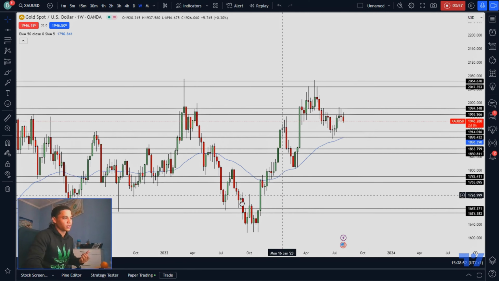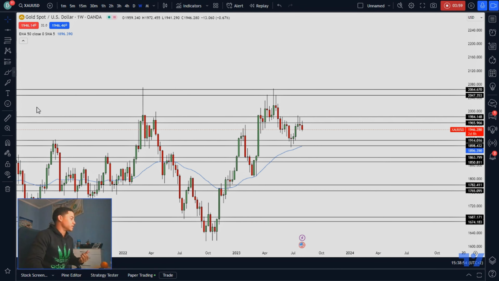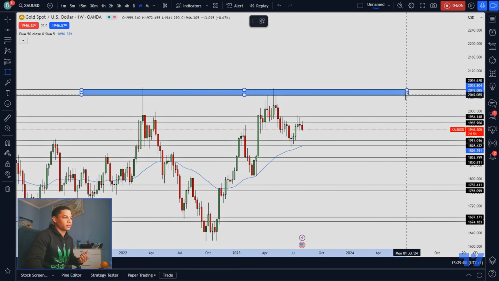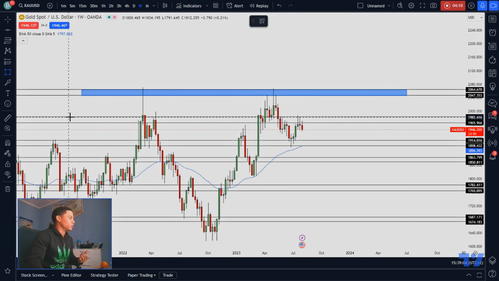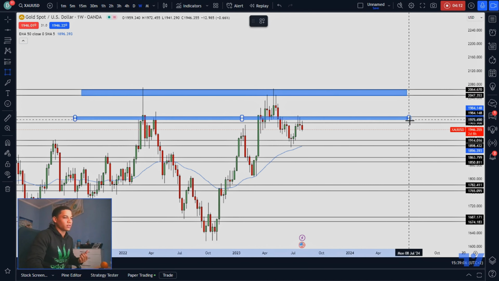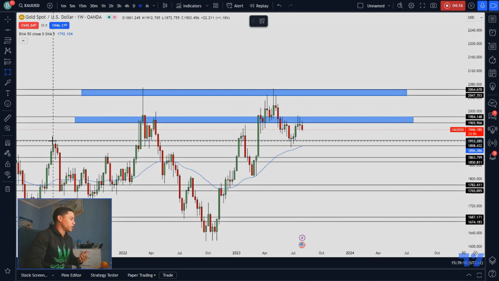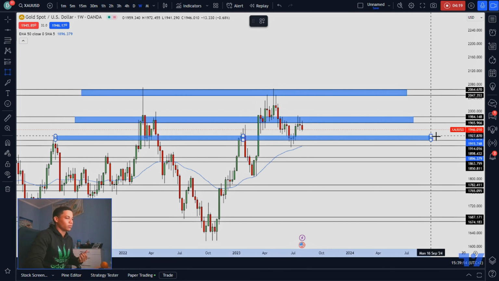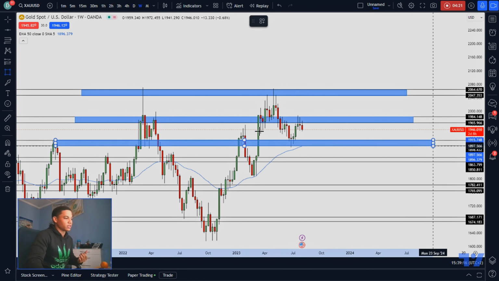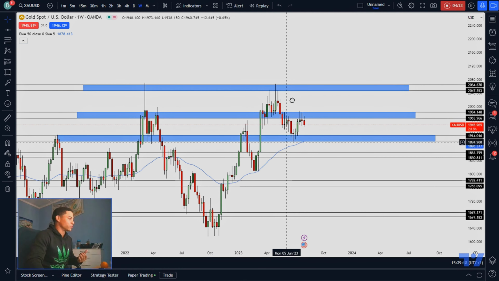Price is not in this area right now, but this is just how I draw my zones, and this is how I analyze every pair. Every pair I do this, I look for zones. I might have zones on a daily as well, so that I just use 2 time frames to place trades, and that's what I do with most of my trades. I just make use of 2 time frames.